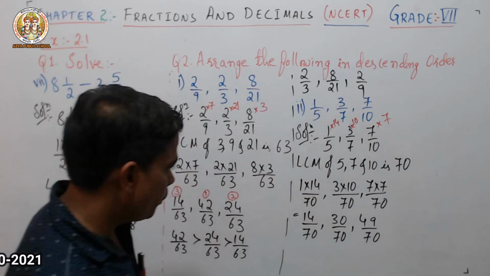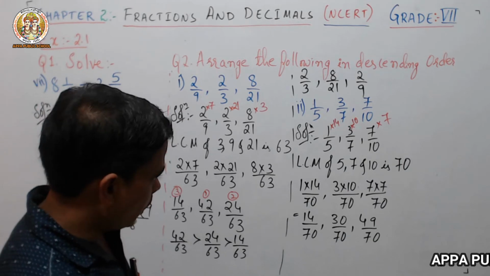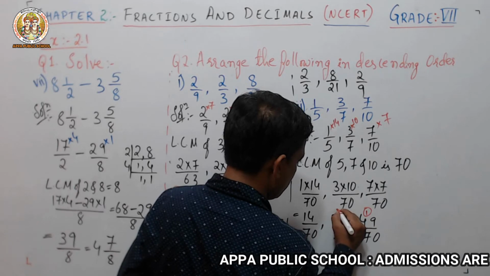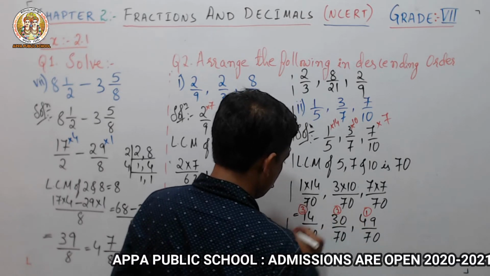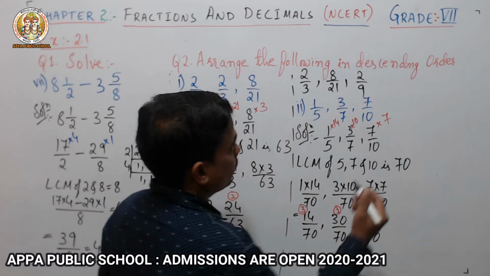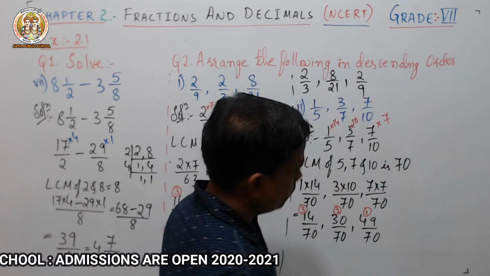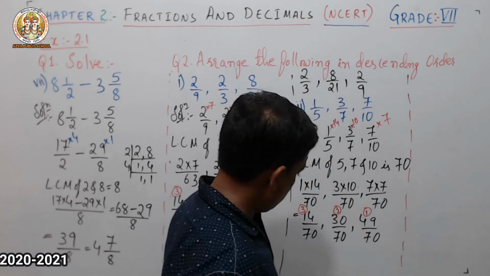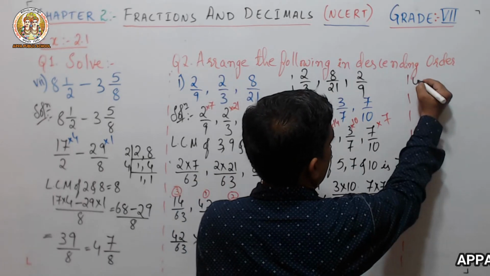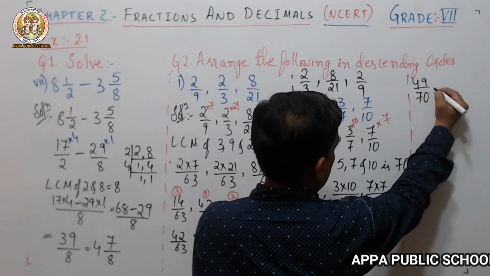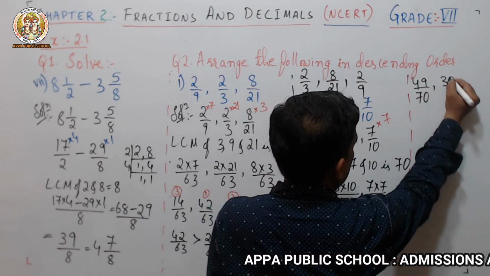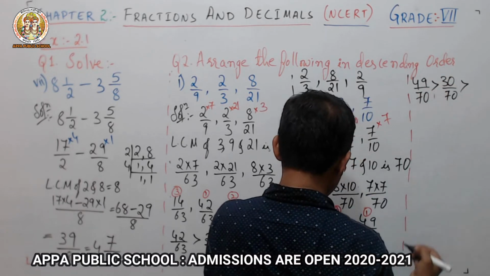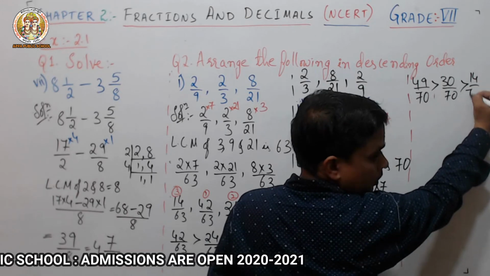Now once again, what I will do? I will arrange in descending order. Descending order, which is the first number? 49 is the first number. This will be the second number, and this will be the third number. So the first number is 49 by 70, comma, 30 by 70, greater than 14 divided by 70.